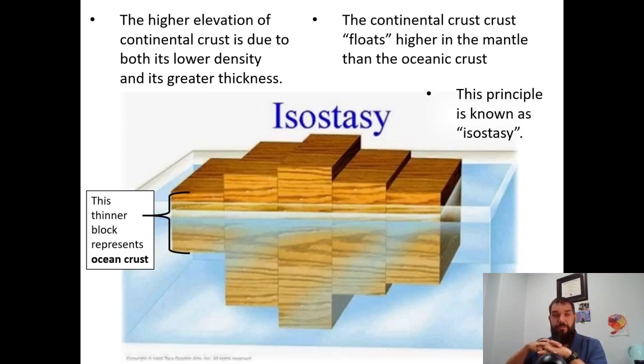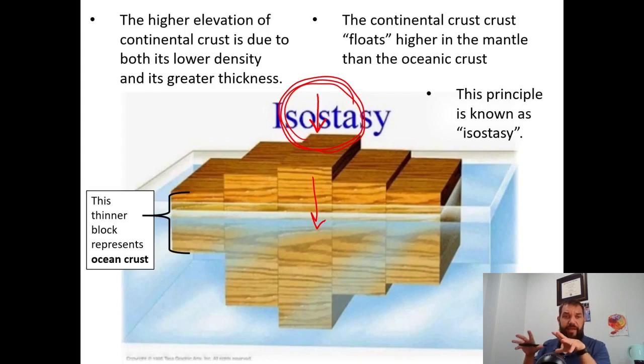So that's a really important concept. Basically, there's going to be this adjustment, right? If I were to stack some ice on top of the crust right here, you know that this block of wood would sink deeper into the water, right? And the same thing happens with the crust.